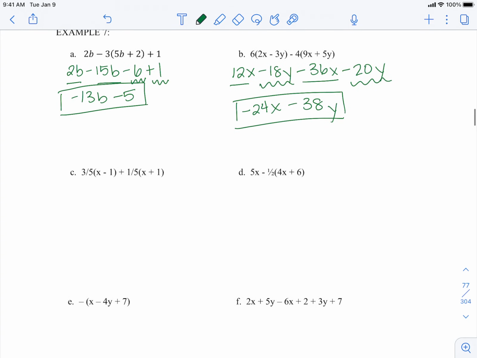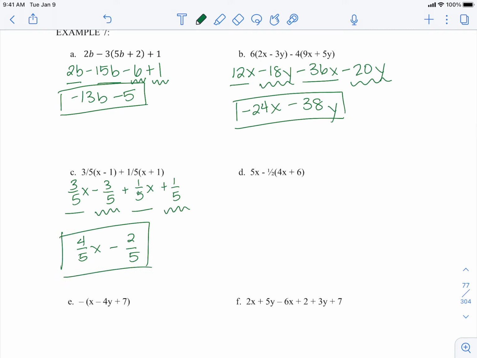For C, this is 3/5 x minus 3/5 plus 1/5 x plus 1/5. 3/5 x plus 1/5 x is 4/5 x. Negative 3/5 plus 1/5 is negative 2/5.